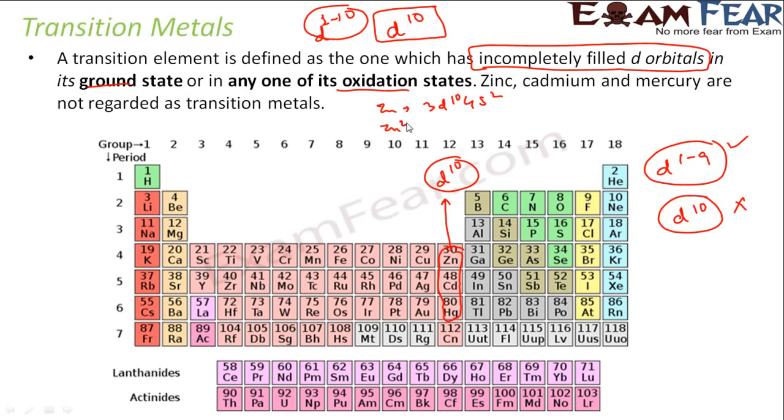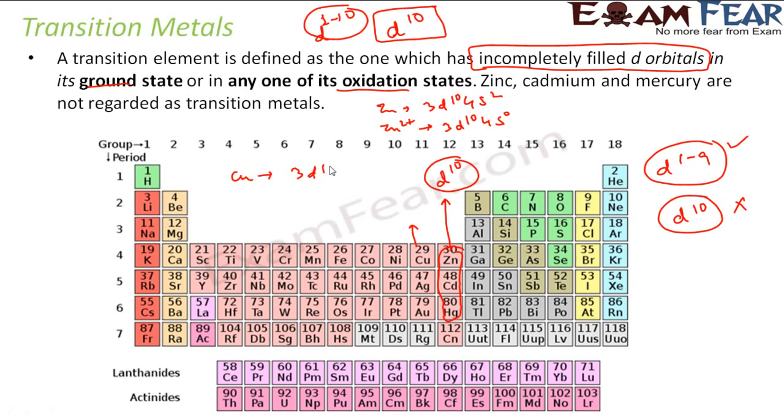If you talk about the oxidation state, the common oxidation state of zinc is Zn2+. In that case, the oxidation state is this. In both cases, zinc has filled d orbital, and that's why zinc is not considered a transition metal.